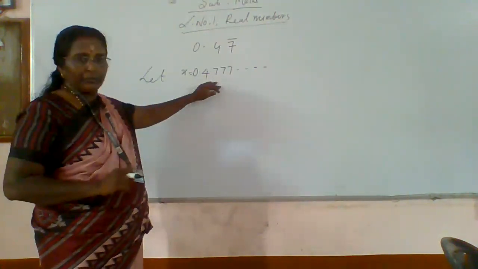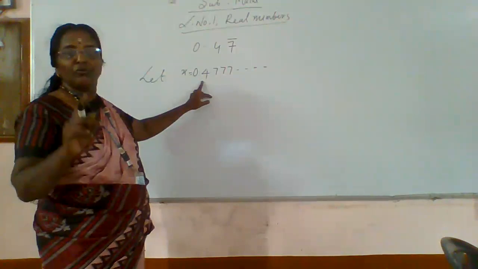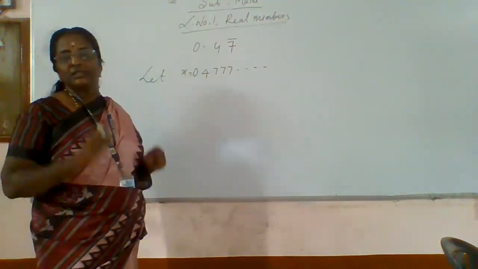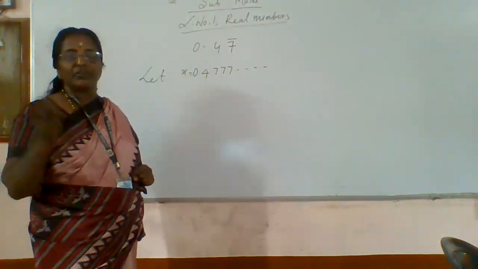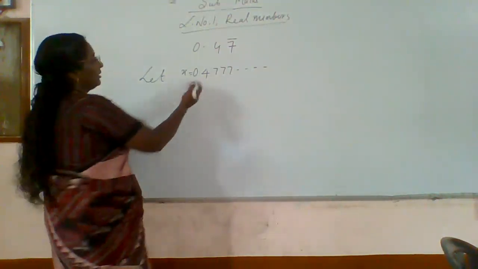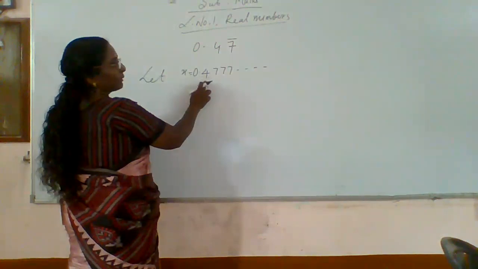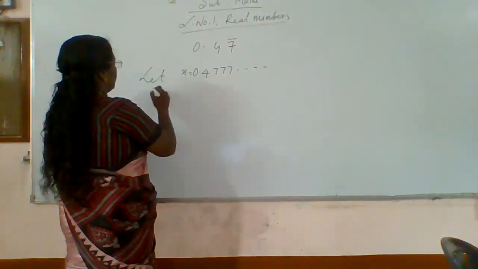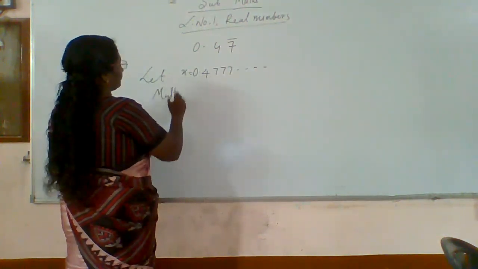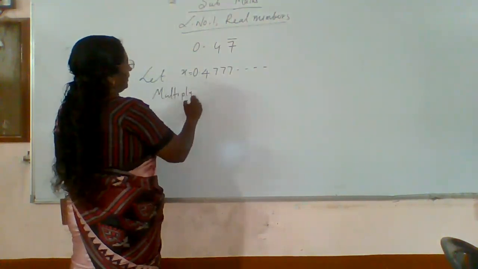Here one digit, 4, is not repeating. So first you remove that digit. Removing this one, what will we do? Multiply by 10. Multiplying by 10.